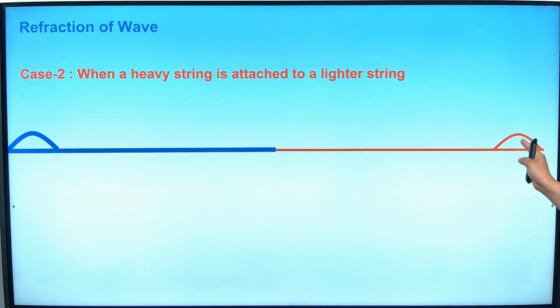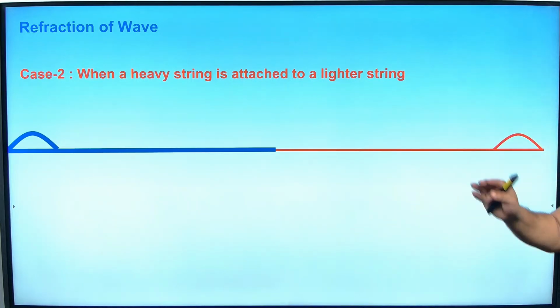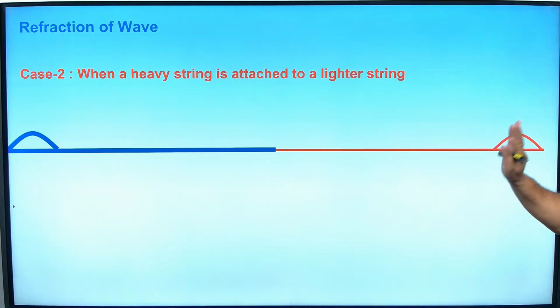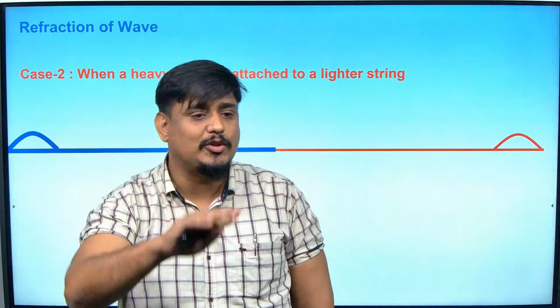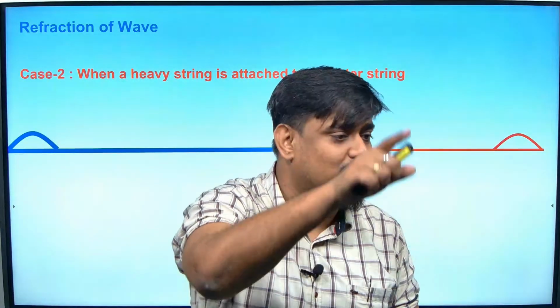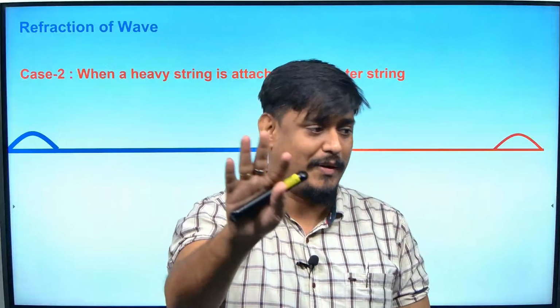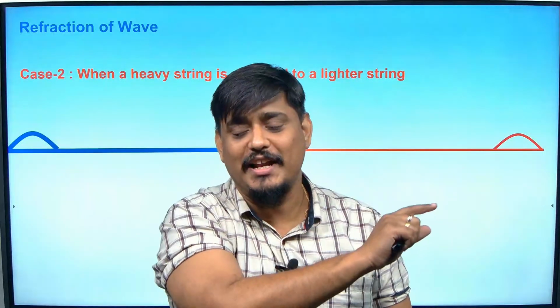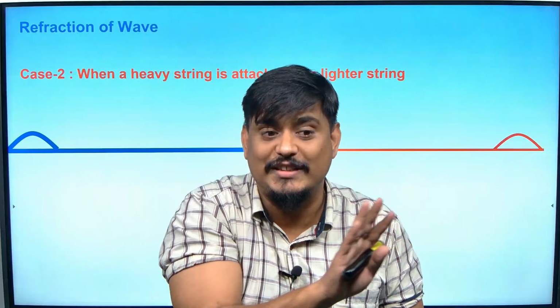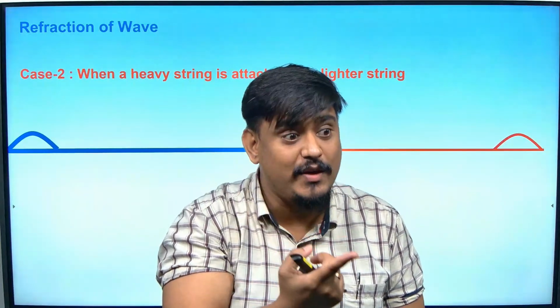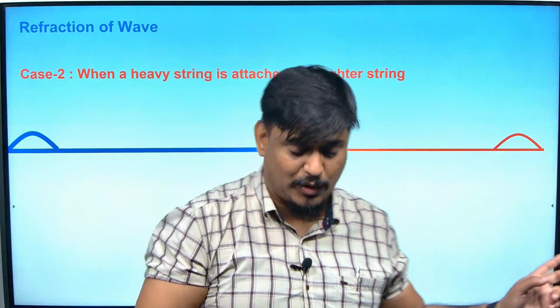So the refracted wave will become y = a2 sin(kx − ωt), and the reflected wave will become y = a sin(kx + ωt + no π), because we have here heavy meeting light. If heavy meeting light, no phase change. If light meeting heavy, 180-degree phase change. I have told about this to you.